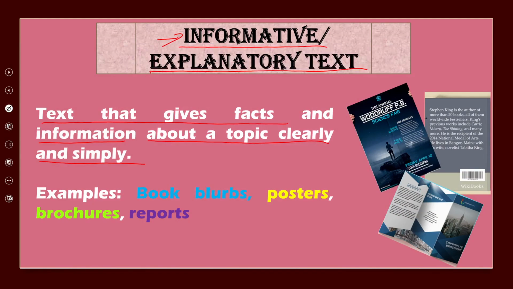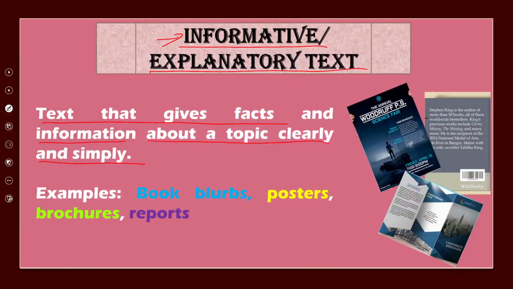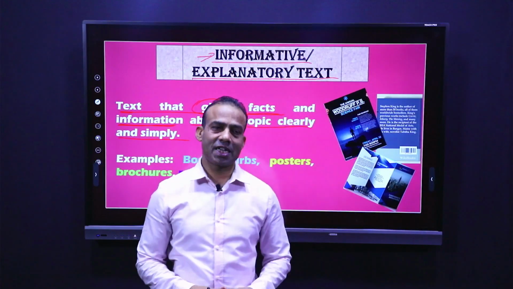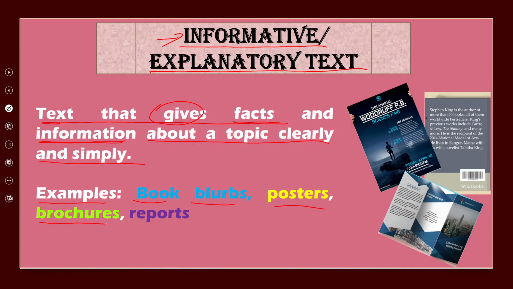First of all, we will discuss informative text that gives facts and information. That is called informative. Now, examples: book blurbs, posters, brochures, reports. Let's move to the next portion.